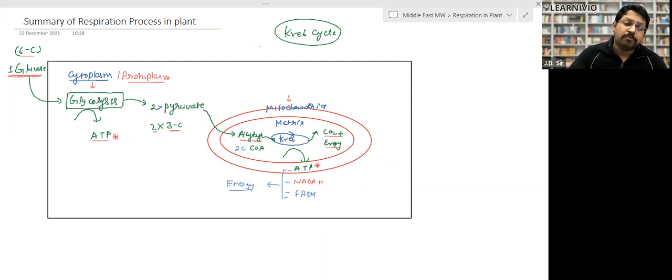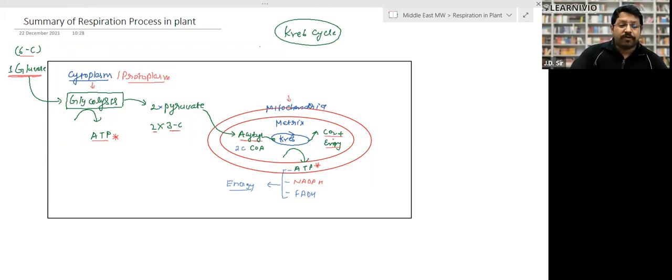So this pyruvate will break down into a 2 carbon compound which is called acetyl coenzyme A, acetyl CoA. The 3 carbon compound will break down to a 2 carbon compound. Now this acetyl coenzyme A will enter into the Krebs cycle. The Krebs cycle will keep on going, and acetyl coenzyme A will be completely converted to carbon dioxide and energy.